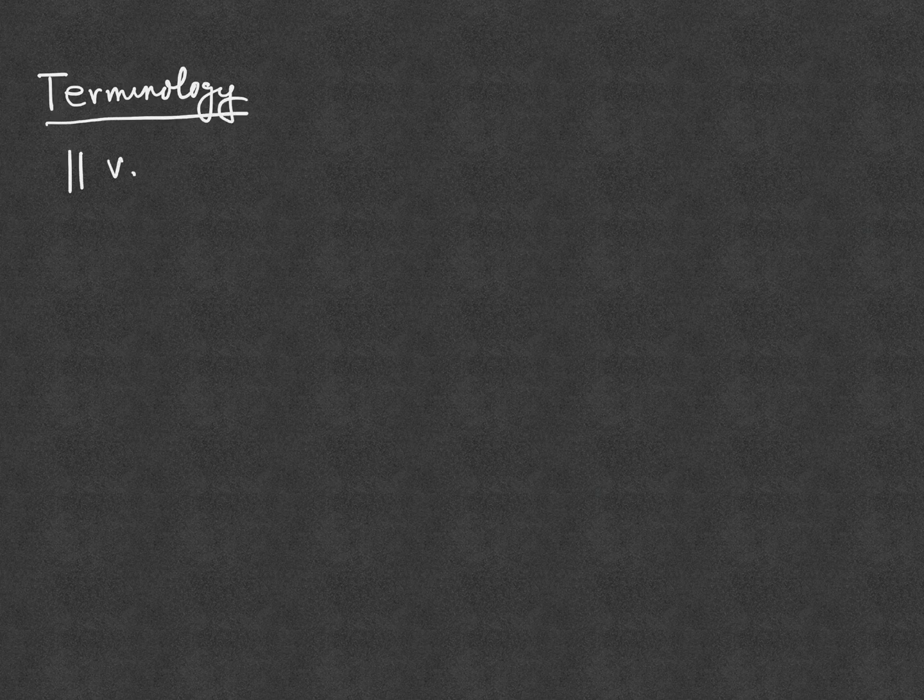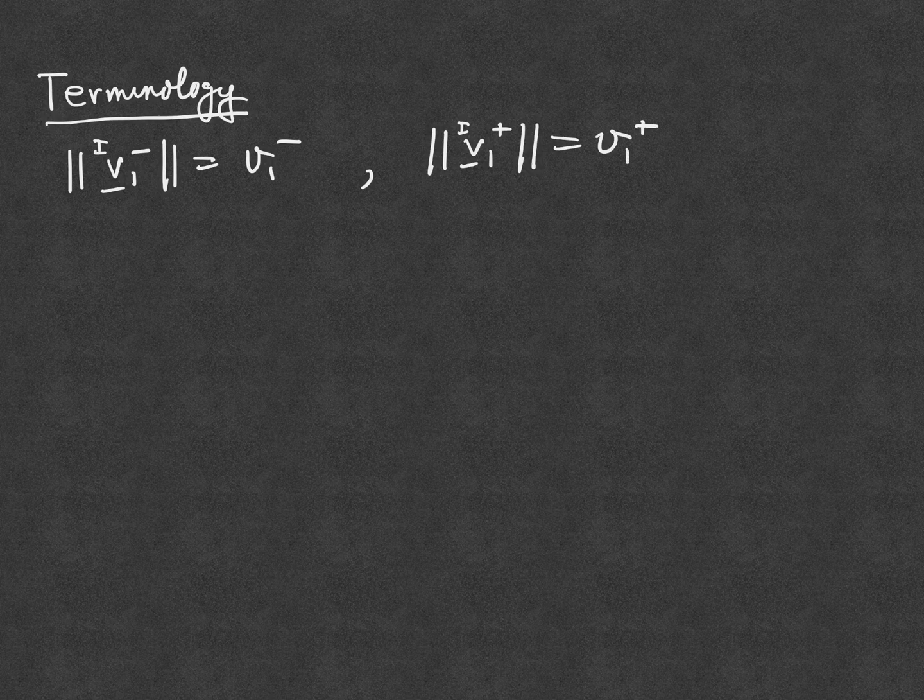Now, in order to determine the two impulses for the Hohmann transfer, the following terminology will be used. First, the magnitude of v1 minus I will be denoted v1 minus. And similarly, the magnitude of v1 plus I will be denoted v1 plus. So those are the two velocities before and after the first impulse is applied, and then I've taken the magnitudes of the two of them.